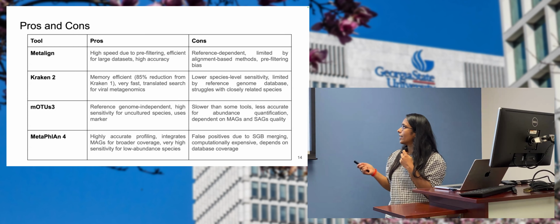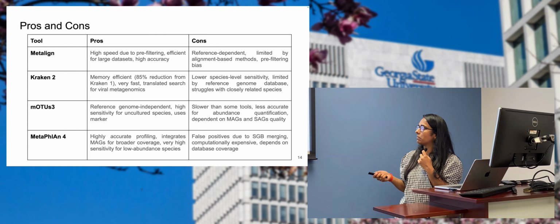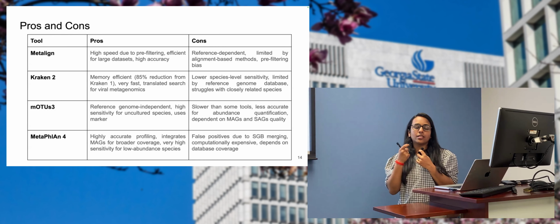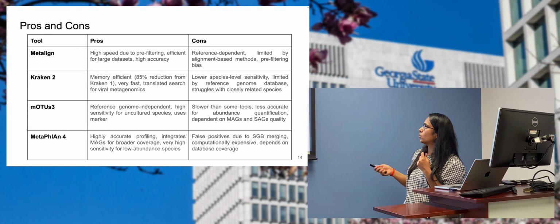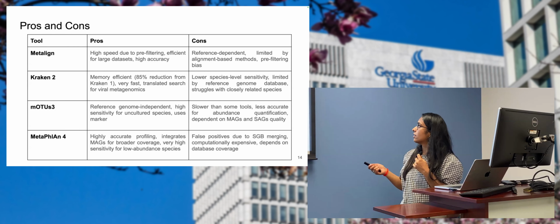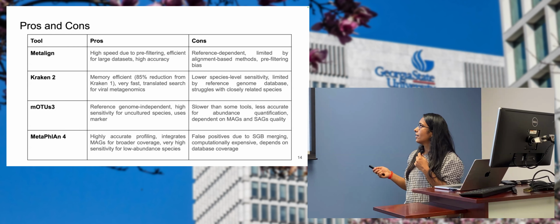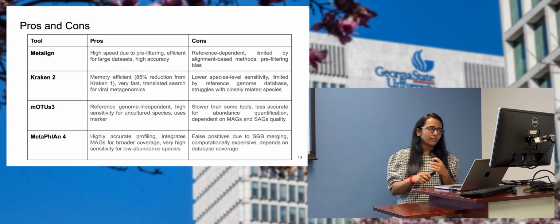Kraken 2 cannot classify at lower species levels. If a species is present at 2% in the environment, it won't be able to identify that organism. It is limited to the reference genome data set and struggles with closely related species.